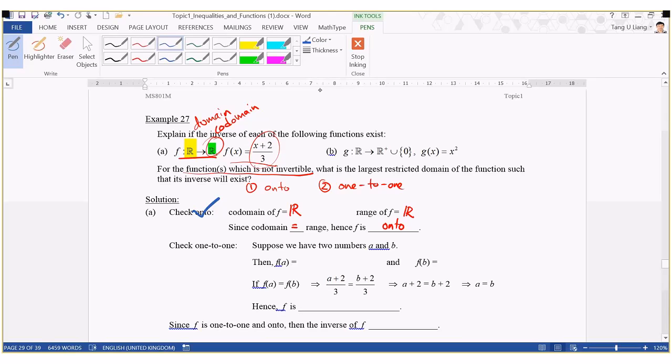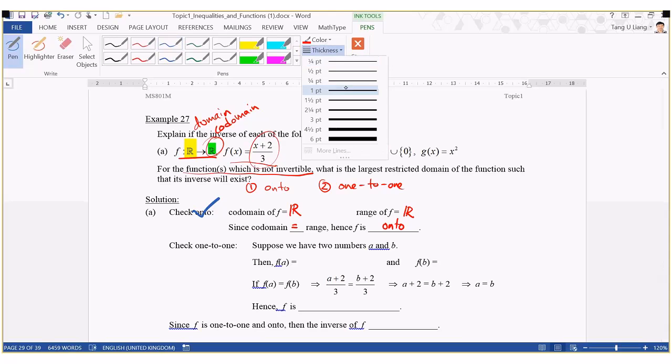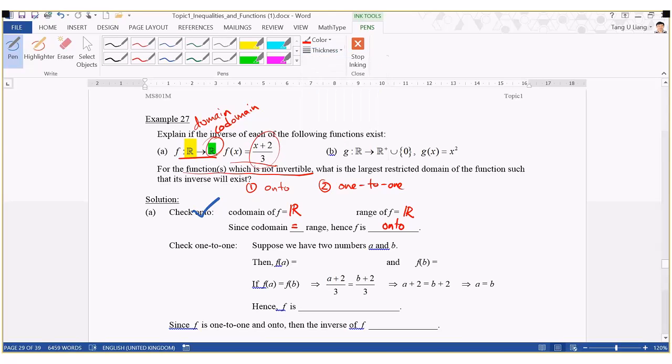Now remember guys, 1-to-1, I said already, is when an output has only one input mapping to it. One input, one output. We don't have such a thing as a single output having two guys mapping towards it.